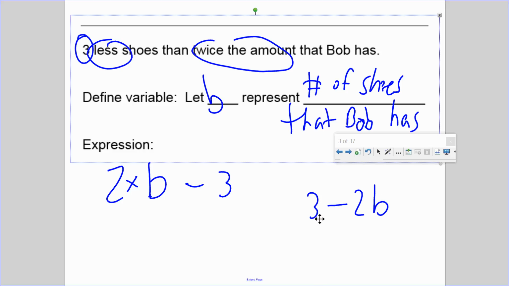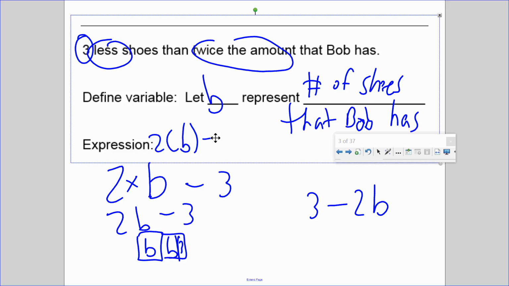That wouldn't even make sense in real life. So 3 less shoes, you're taking 3 shoes from it. So here's a picture. Bob has B shoes, twice that is 2B, minus 3, or 2 times B minus 3, or 2 parentheses B minus 3.